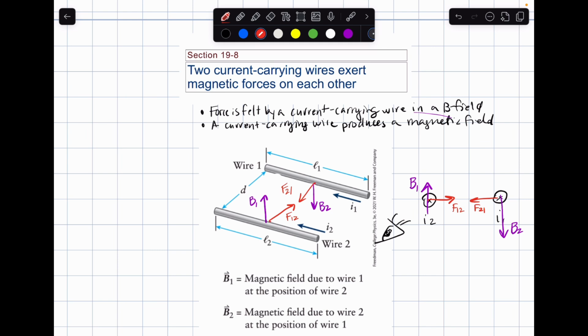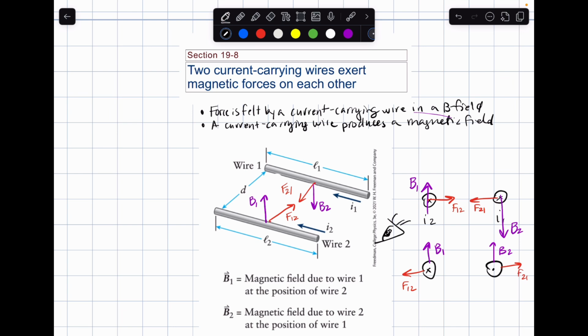We can go through this whole business again for opposite wires. And when we do that, I'll let you do it for practice, but I'll write the vectors here. What you're going to see is that the B fields actually end up pointing in the same direction. And that ends up making the force pointing away. F1,2 and F2,1.